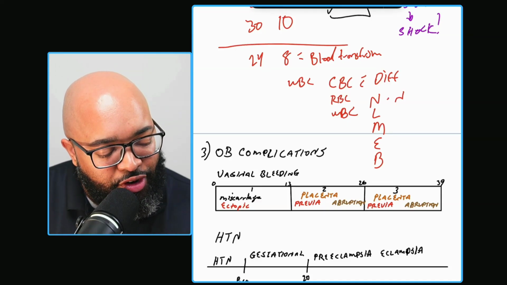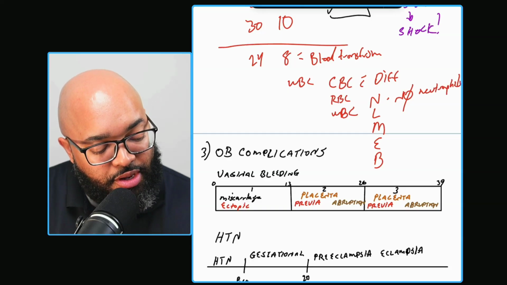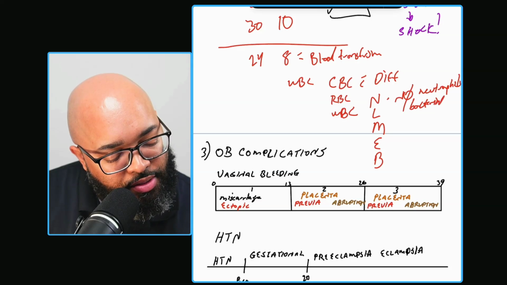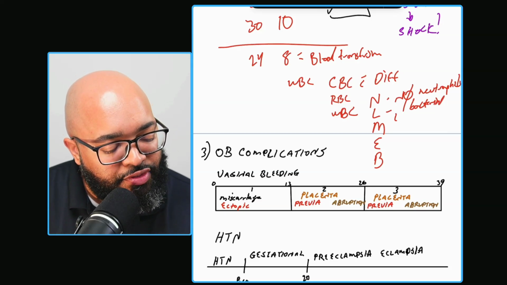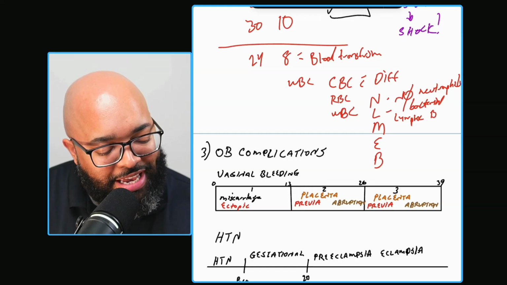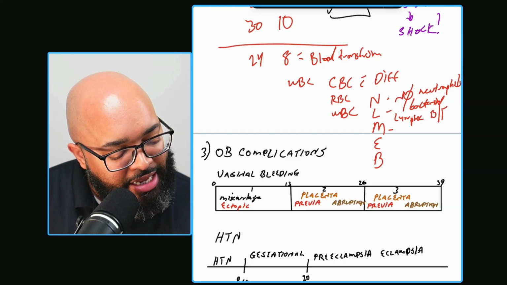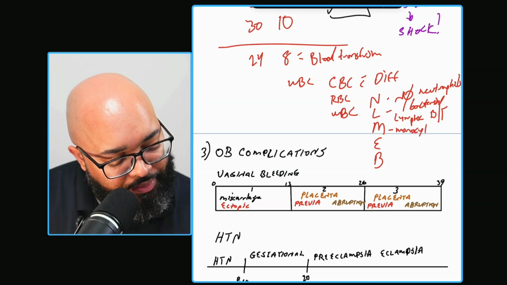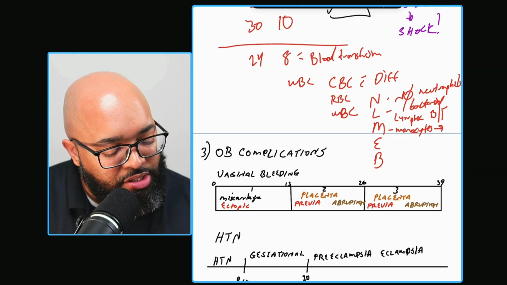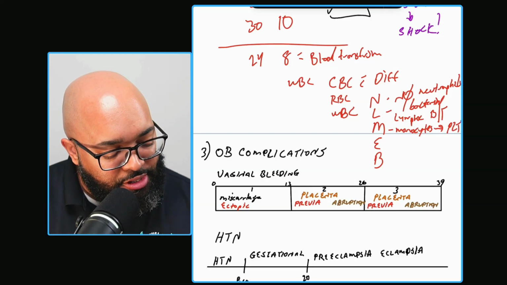The N stands for neutrophils. These are types of white blood cells. What do they handle? They handle bacterial infections. The L stands for lymphocytes. These are your B cells and your T cells that help fight infections. The M stands for monocytes. Monocytes are what we need to ultimately end up making some platelets.